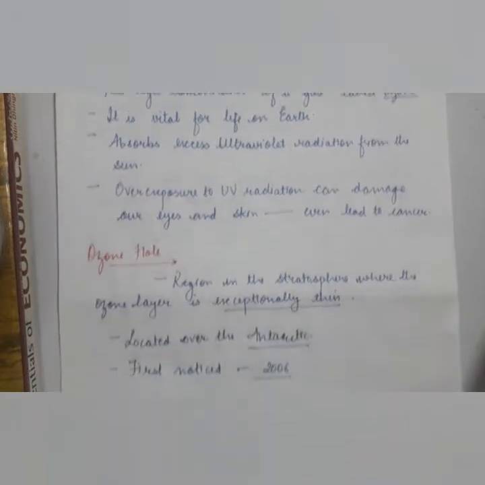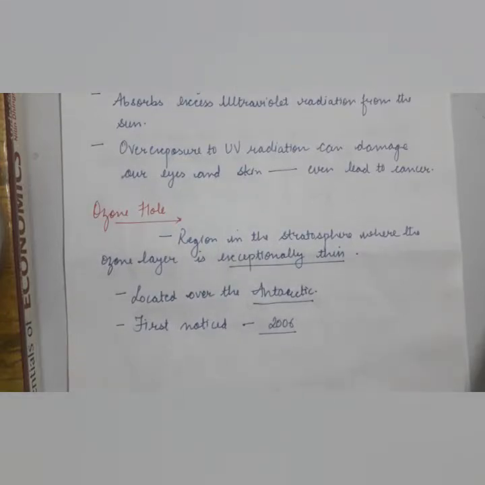Okay, next is your ozone hole. Ozone hole is the region of the stratosphere where the ozone layer is very thin. Okay, it is very thin in that particular part, and that is known as ozone hole because the protective layer is decreasing.